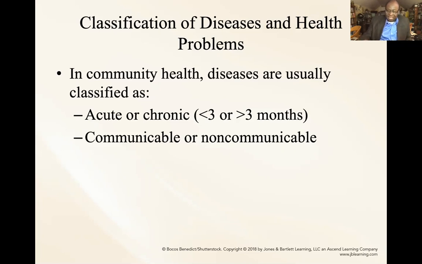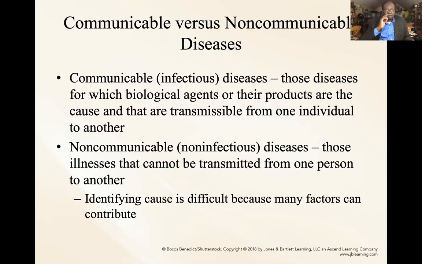Communicable or non-communicable. Communicable versus non-communicable diseases. Now, communicable, infectious diseases, those diseases for which a biological agent, most of the time called a pathogen, can be bacteria or virus.